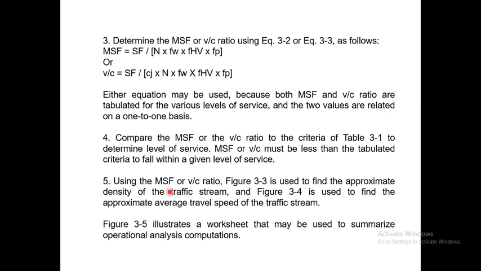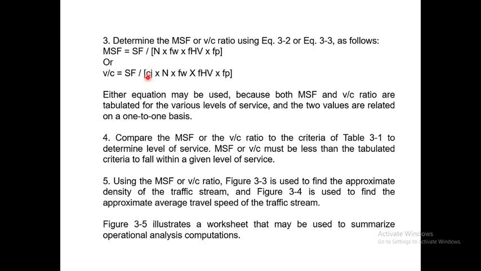So for finding out the level of service, or finding out the V over C, you can use this equation. Okay, very easy. So V over C is equal to service flow, which we calculated in the first step of the problem, divided by Cj.